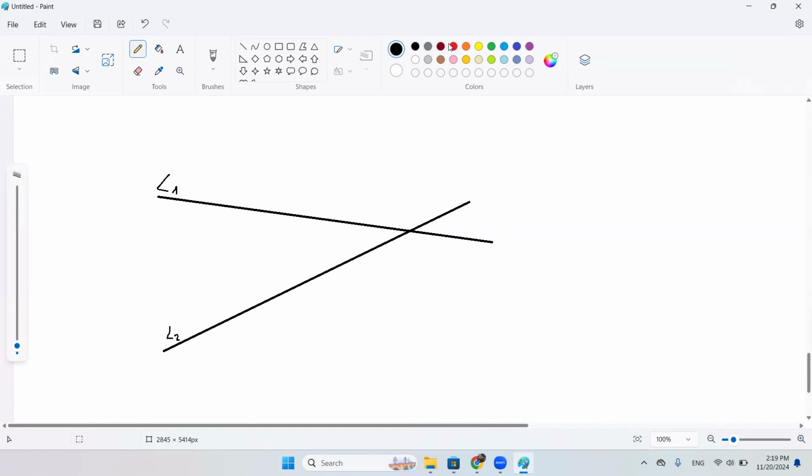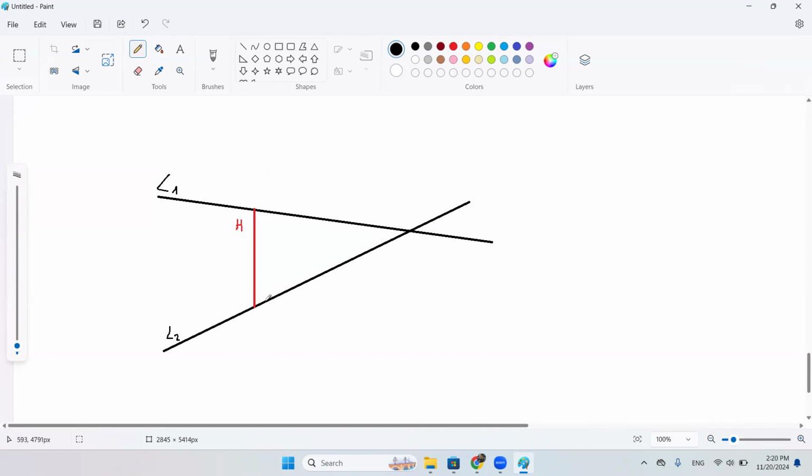So the common perpendicular will be the following. So let me draw it here, and I will mark it as H. And that's not an intersection point, it just looks like that. So we need to find the equation of this common perpendicular.